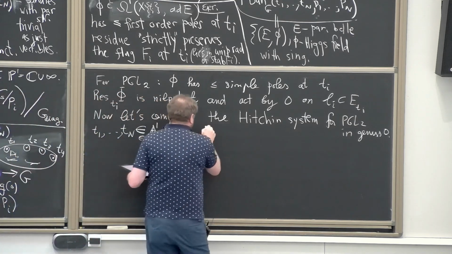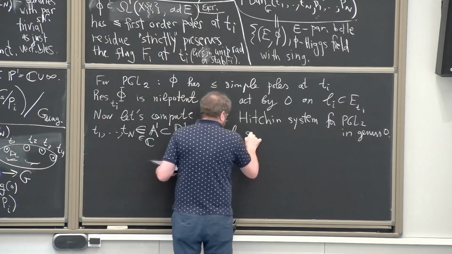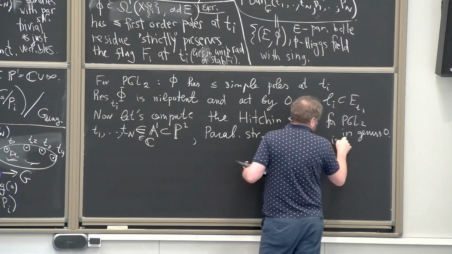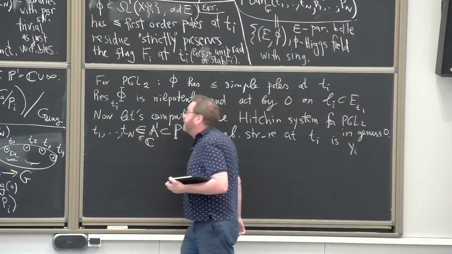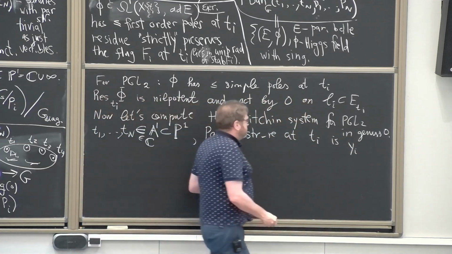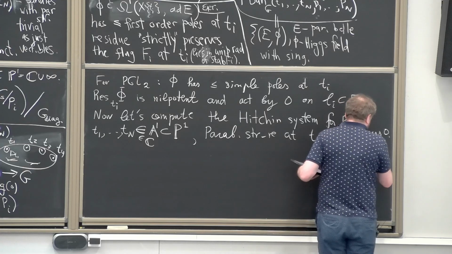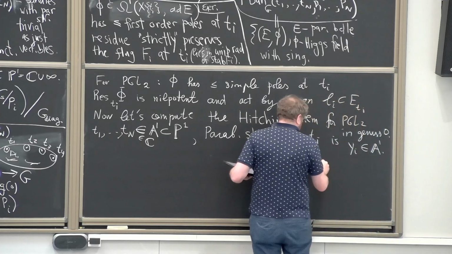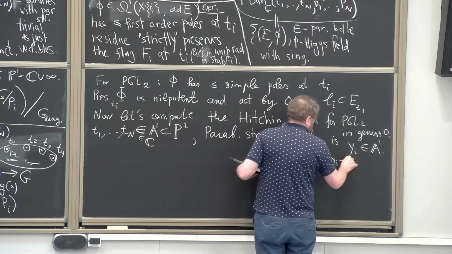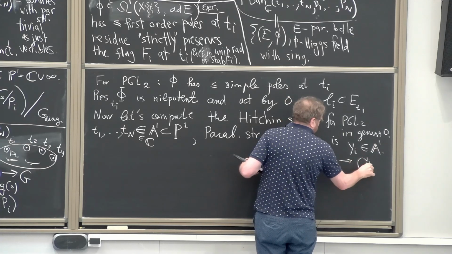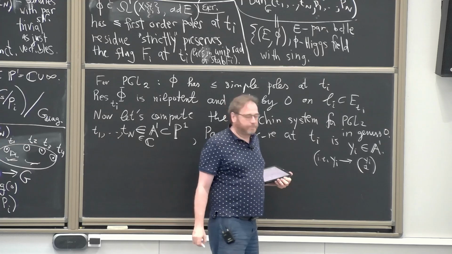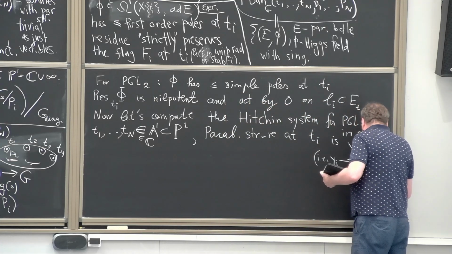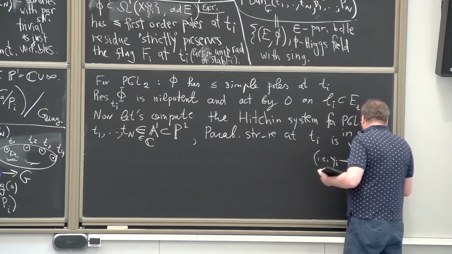And the parabolic structure at Ti is going to be Yi. Again, it's in P1, but I'm going to assume that it's just in A1. So Yi corresponds to the vector (Yi, 1) in C2, and the line Li is spanned by this vector.